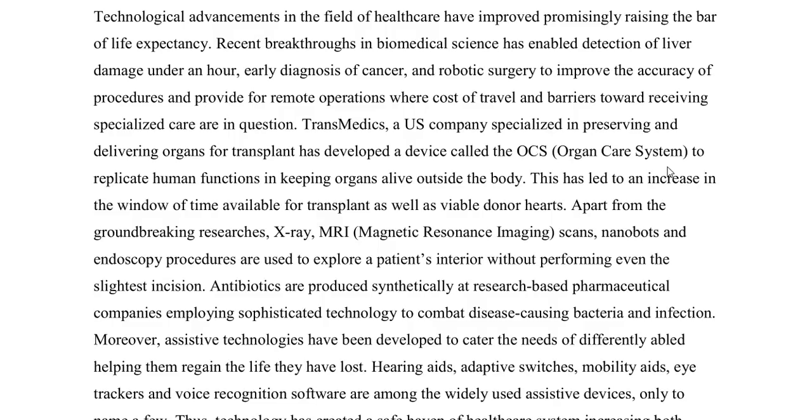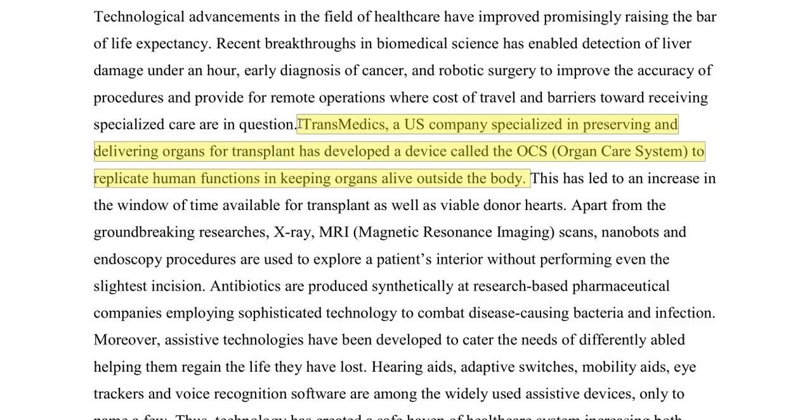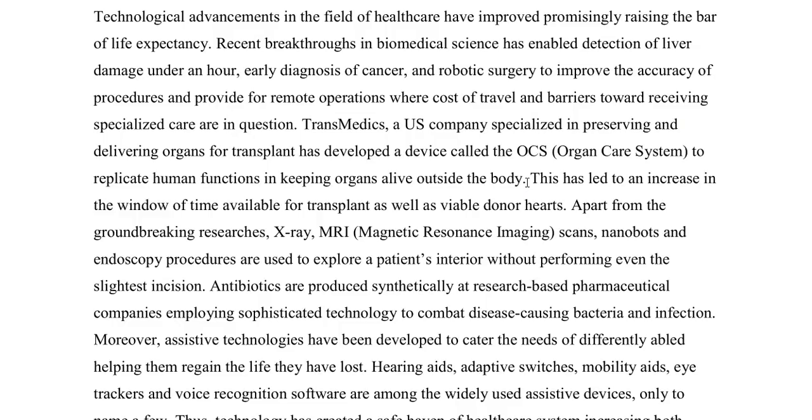This is quoting an example, a specific example, to replicate human functions in keeping organs alive outside the body. He's referring to an innovation, a significant breakthrough in healthcare due to technology. That is a current event, it can be a news item.